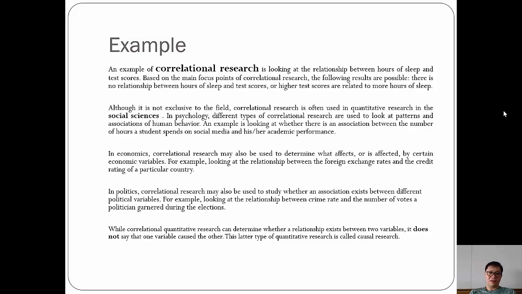Maybe they are related, okay? Maybe the crime rate happened during the voting of the election. Maybe someone was forced to vote, so it's related. But if we talk about the variables, crime rate and votes, they're not related, right? Crime rate.